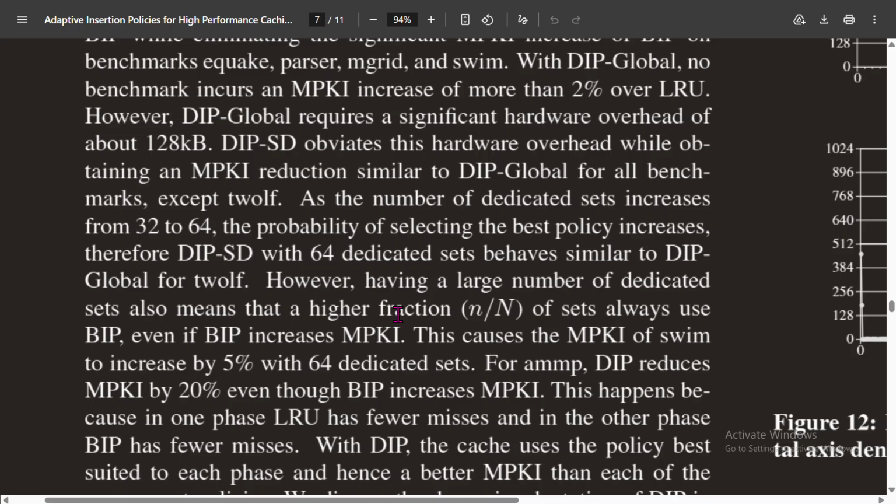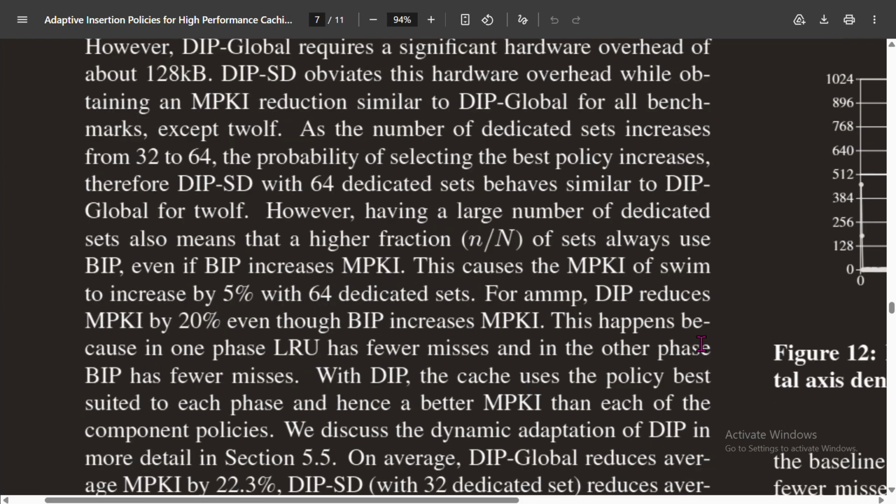However, having a large number of dedicated sets also means that a higher fraction n by N of sets always use BIP. Even if BIP increases MPKI, this causes the MPKI of swim to increase by 5% with 64 dedicated sets. For ammp, DIP reduces MPKI by 20% even though BIP increases MPKI. This happens because in one phase LRU has fewer misses and in the other phase BIP has fewer misses.